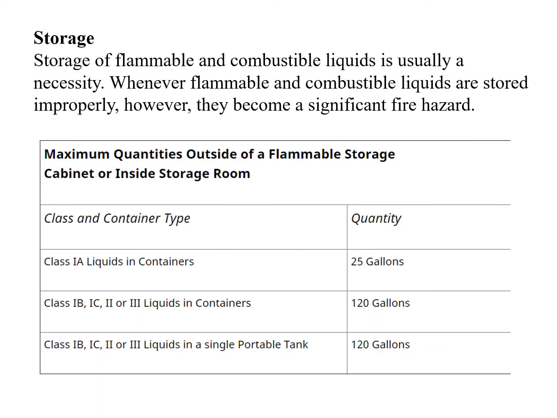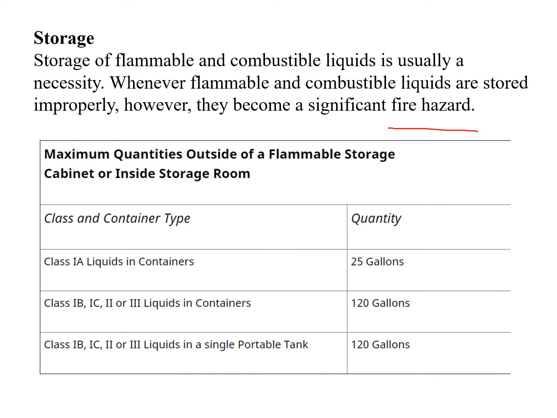Whenever we're talking about flammable and combustible liquids, definitely we also need to concentrate on the storage of these flammable and combustible liquids. Of course, this is a necessity whenever we need to use them. So if we have the stock, we can use them. Meanwhile, their storage is very important and must be properly managed, because it is a main source of fire hazards.